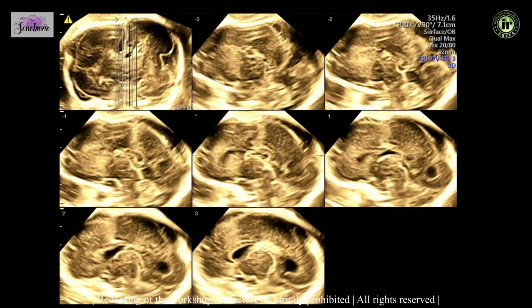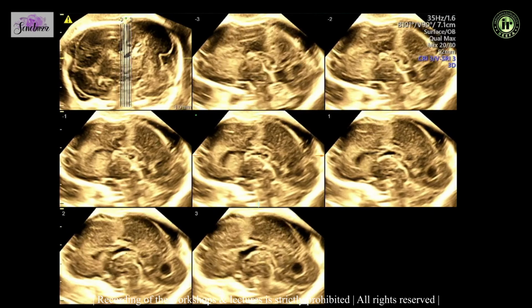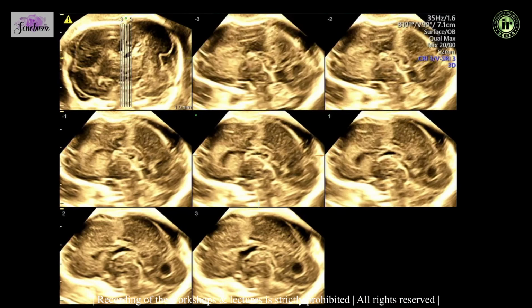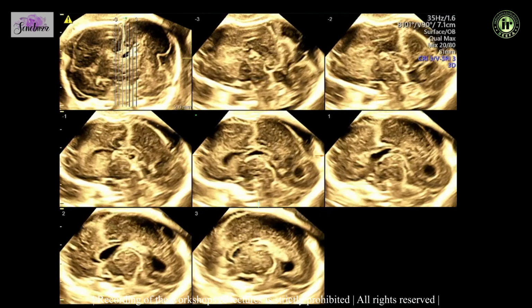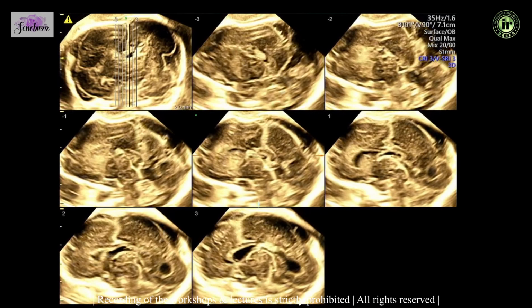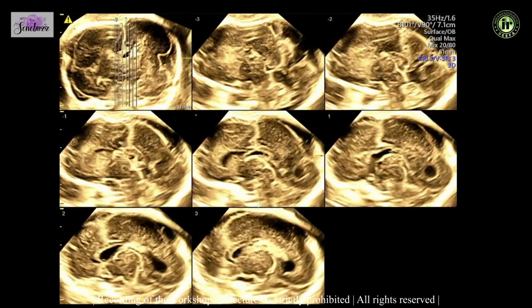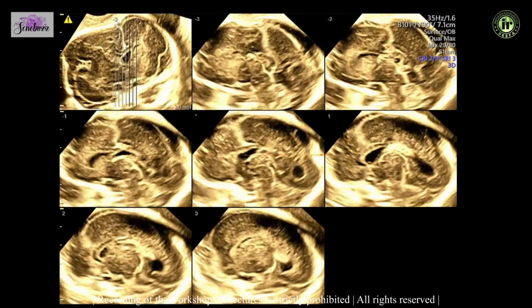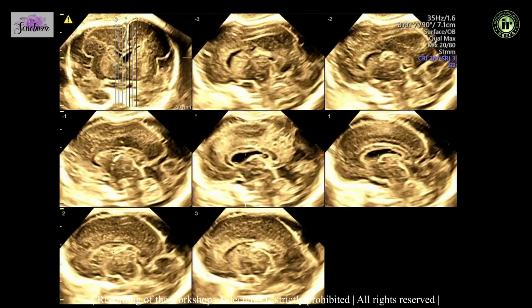And we get all the multiple views in the same box. So you just need to manipulate a little bit and then you will get the entire section proper. So that's the corpus callosum in the midline.